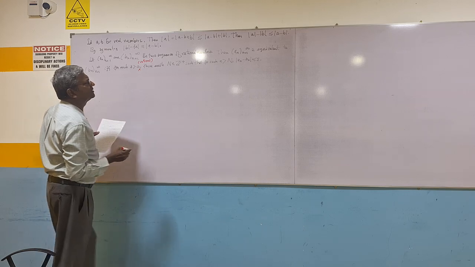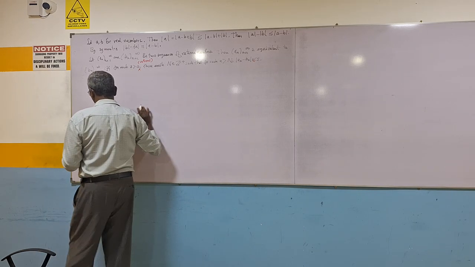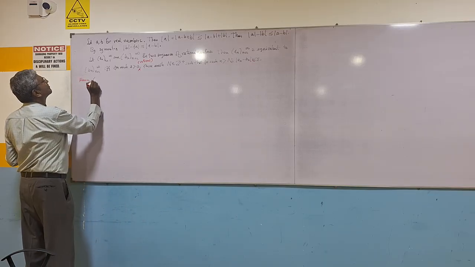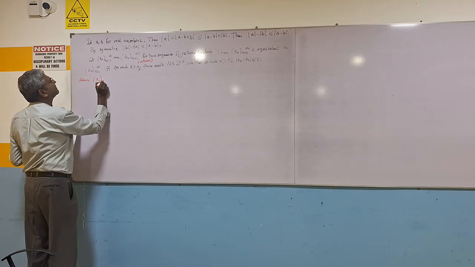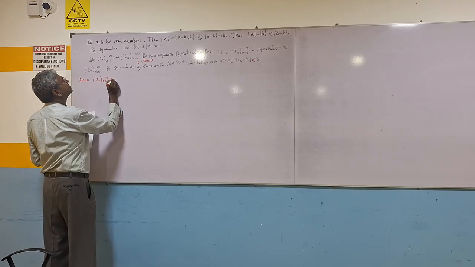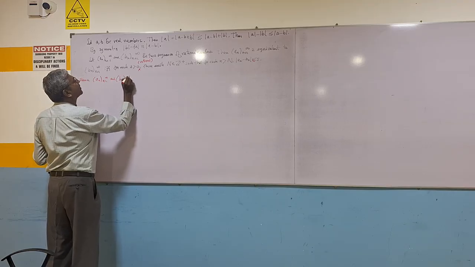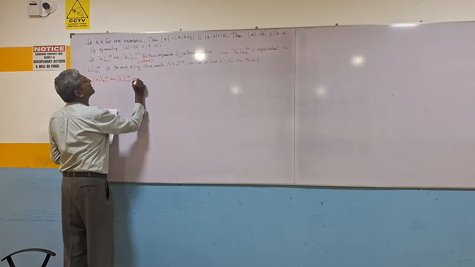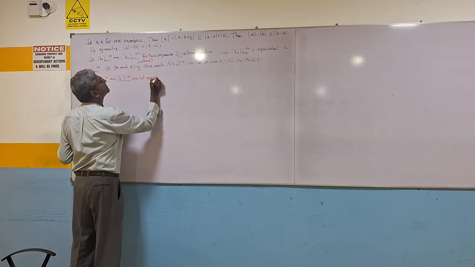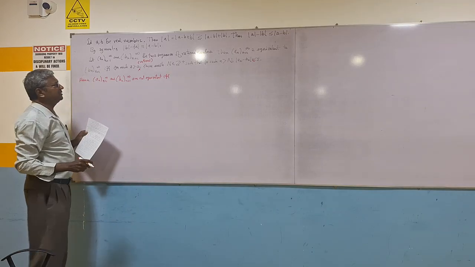Hence, we are getting a_n and b_n are not equivalent if and only if, you can tell me what that is.